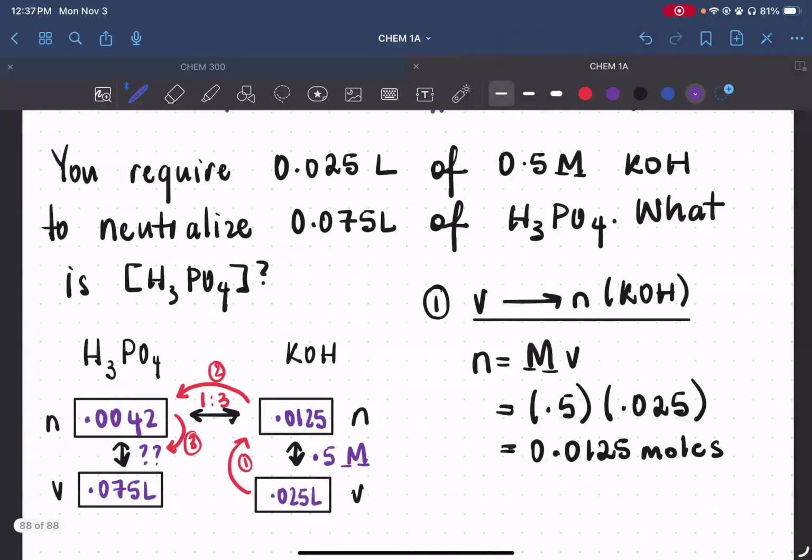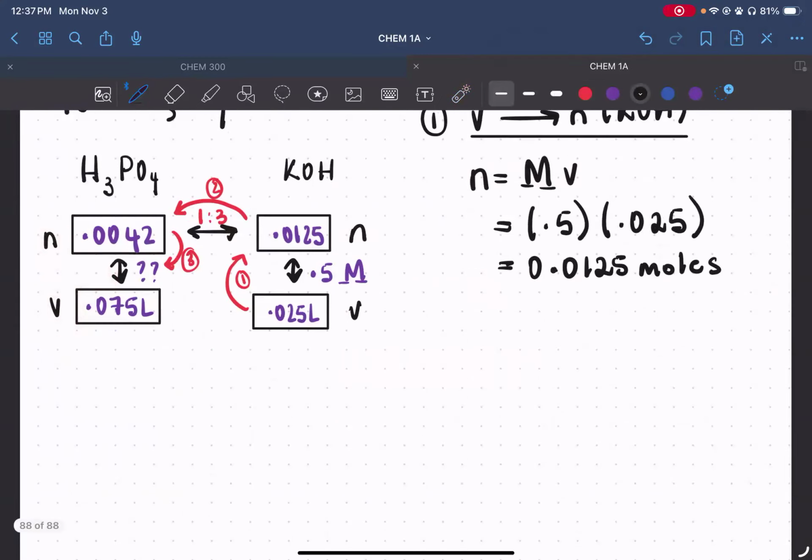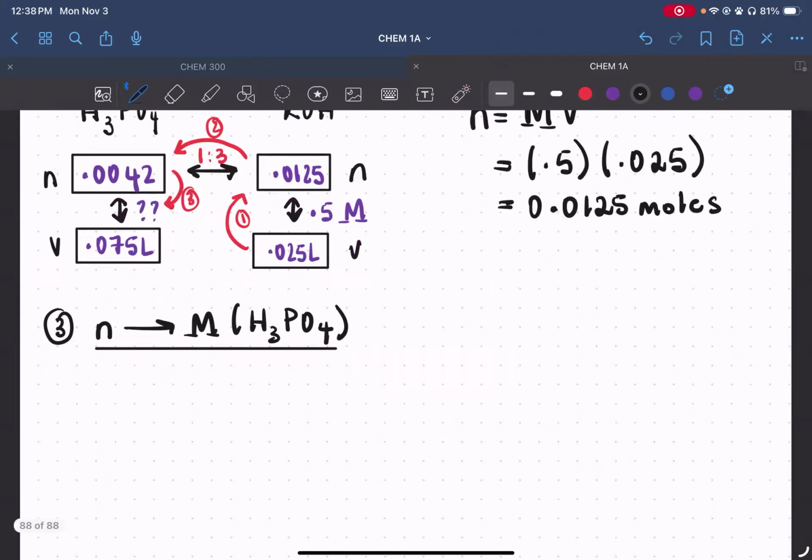And of course, all that's left is to go from moles and volume to molarity. So the third step is to go from moles to molarity, this time specifically for H3PO4. Molarity is, of course, equal to number of moles over volume. The number of moles is 0.0042. The volume is 0.075.